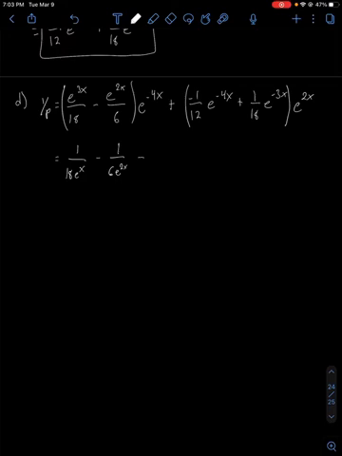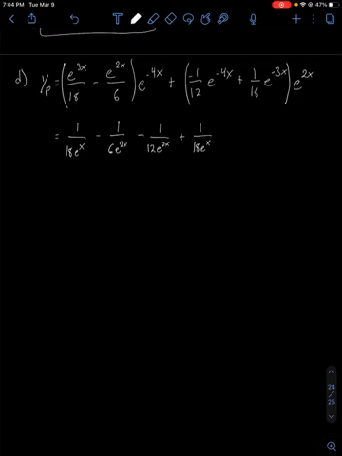E to the minus 4x times e to the 2x is e to the minus 4x, so it's minus 1 over 12 e to the 2x. And then plus 1 over 18 e to the x, because the negative 3x and the positive 2x add to equal e to the negative x, so it's going to go to the denominator. So can we combine anything here?